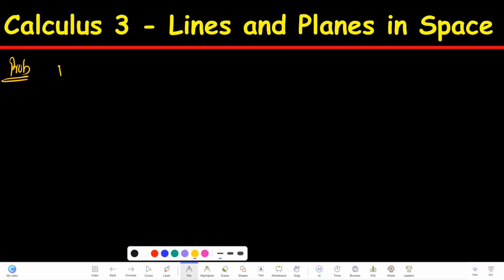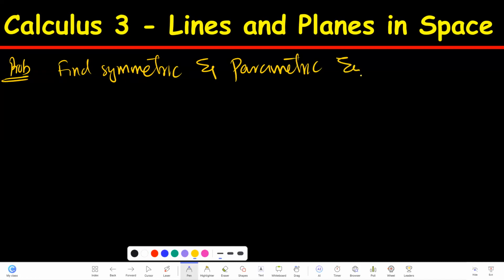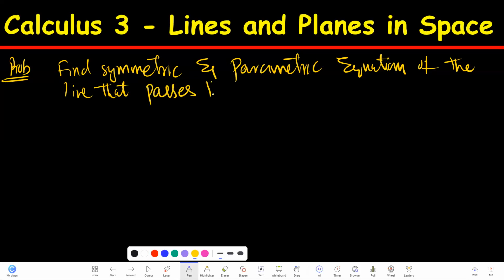Find the parametric and symmetric equation of the line that passes through the points.